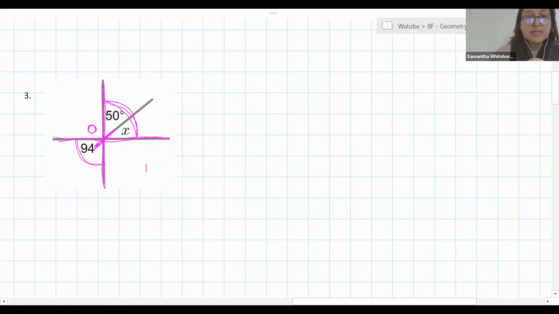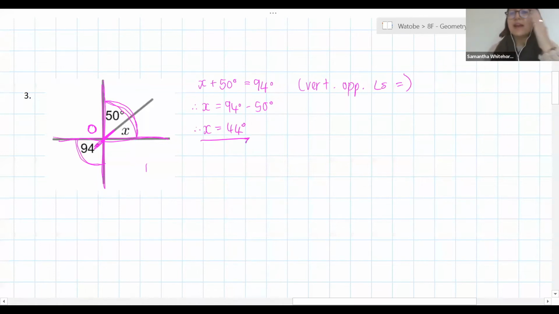So x plus 50 degrees is equal to 94 degrees, and my reason is they are vertically opposite angles. Then I can solve for x by saying 94 minus 50, and I get that x is equal to 44 degrees.